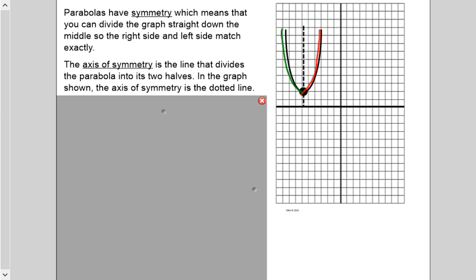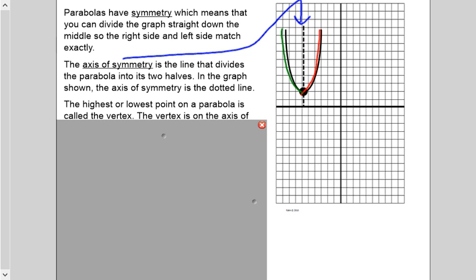And the line that is directly in the middle that splits it in half is this dotted line called the axis of symmetry. Axis of symmetry splits it straight down the middle.